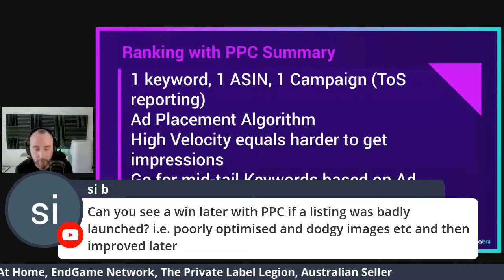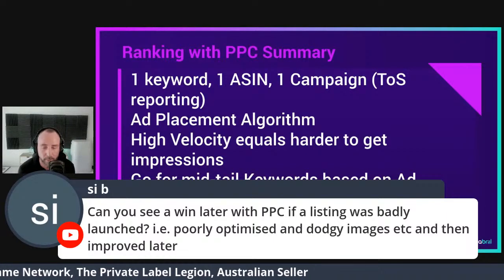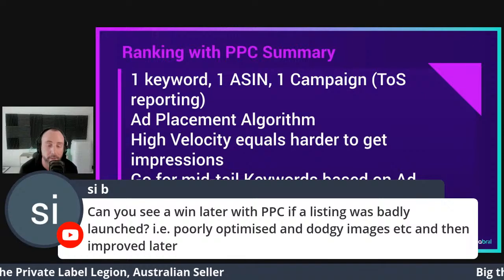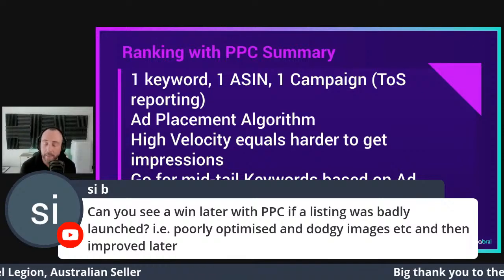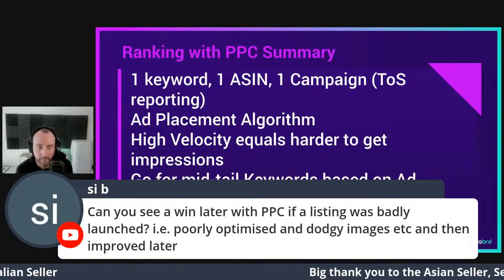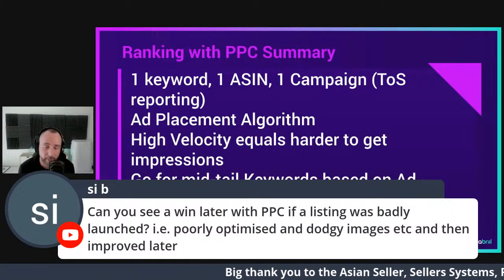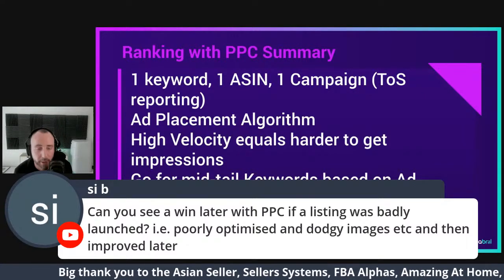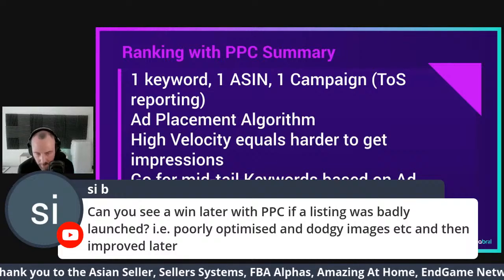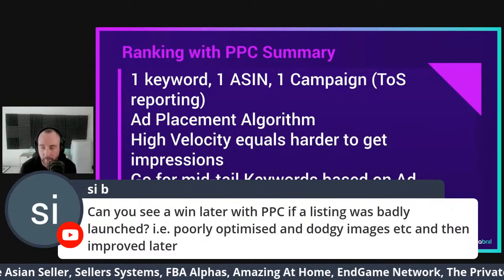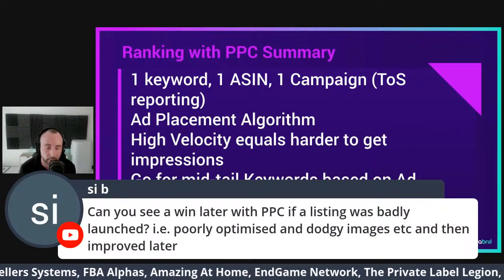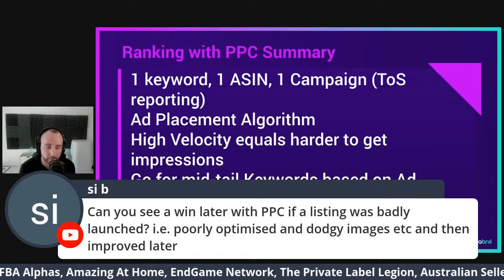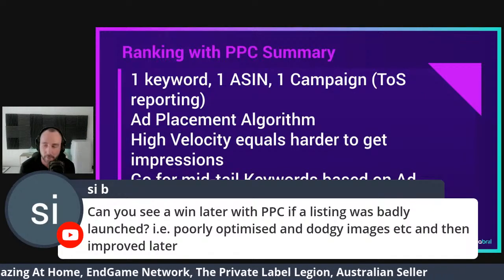So before you run PPC, you should make sure your listing is fully optimized for the best outcome of those results. Doesn't mean you can't recover and improve that, because what you can do is just dump that campaign with the campaign history of the 5% conversion and just start a new one and build up the campaign history. That's another way of getting around it as well. But ideally, like anything, you can't polish a turd. So from the start, you want to get things right.